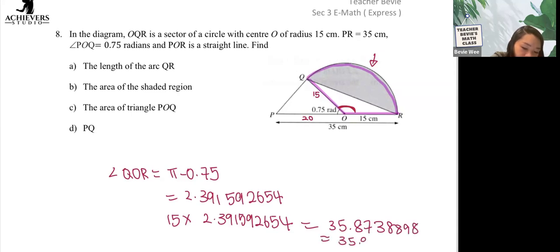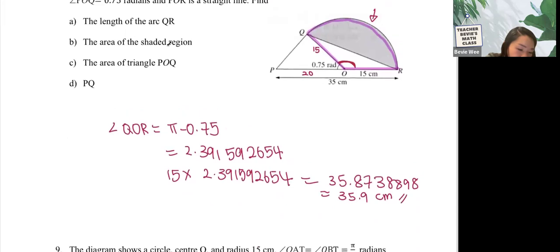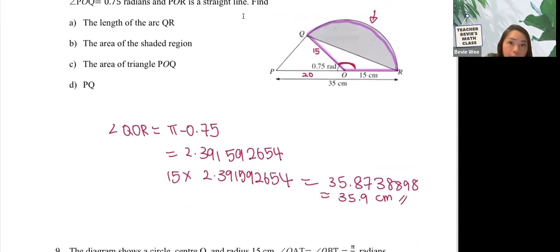I get 35.9 only. Press calculator, press wrong. Okay, so be careful. After that, from here, this is 35.9.